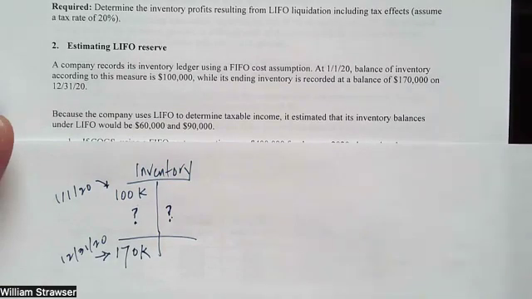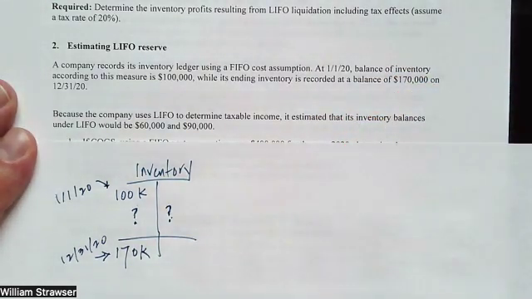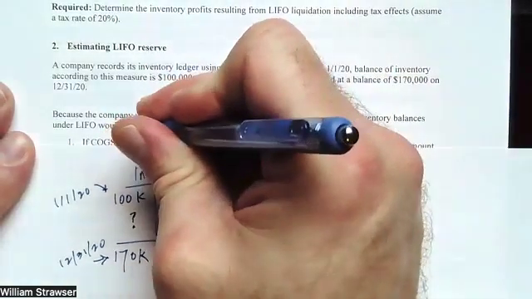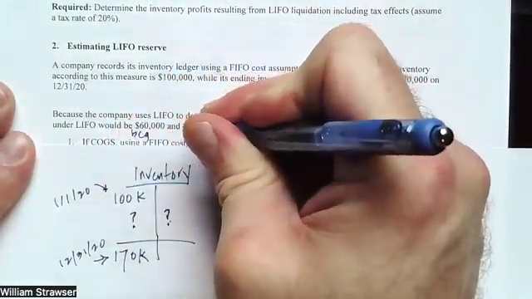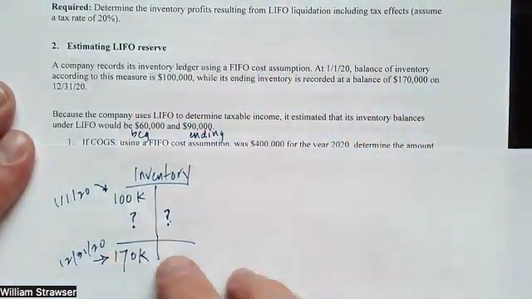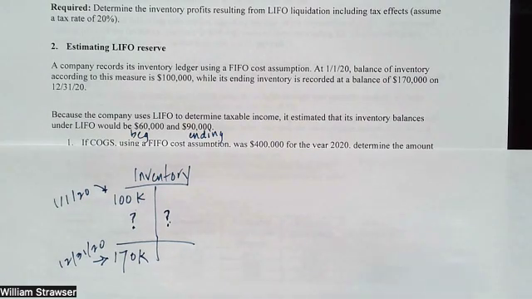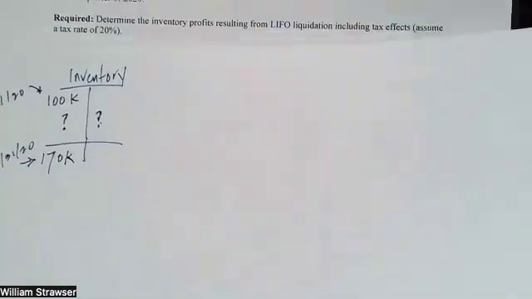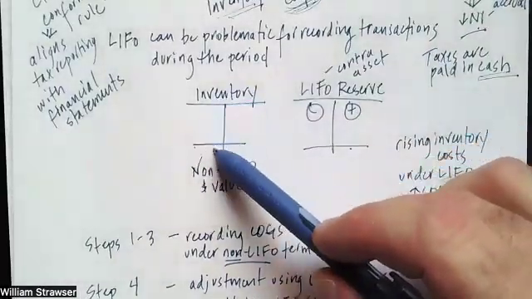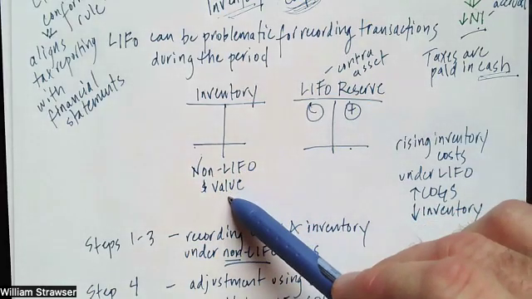And I don't have it in the problem, but going with the idea that it's respectively following along the lines, 60,000 is my beginning value. This is my ending value. I'm not going to do another T account because remember, if we go back to what I was saying at the start of my lecture, the inventory account, this ledger account, is always in its non-LIFO value.